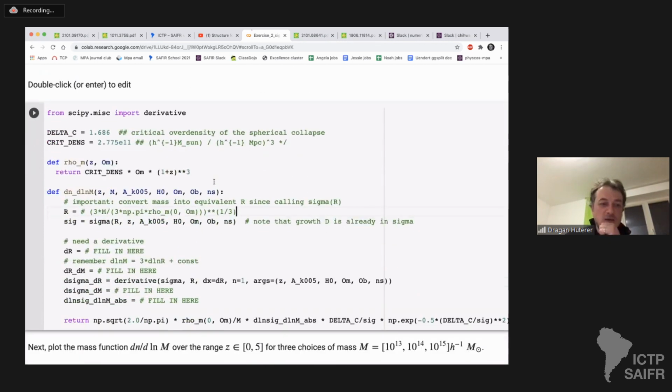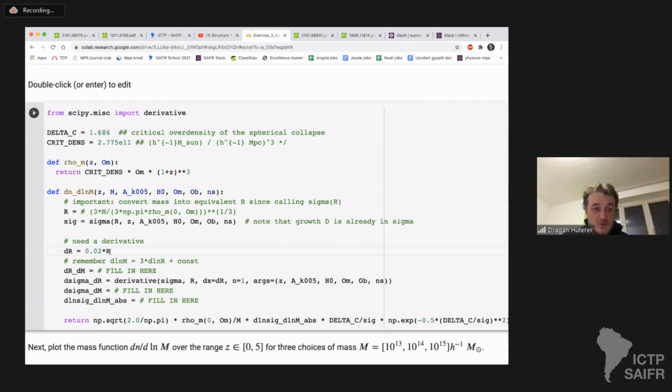In addition to sigma, I need the derivative. What dR should I pick? Well, you are taking a derivative, people, so always pick a quantity that's some fraction like 1% or 2% of R. When you take a derivative and don't have much time to think, don't put in an absolute value here.